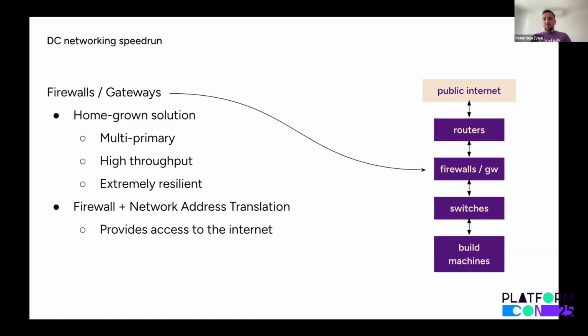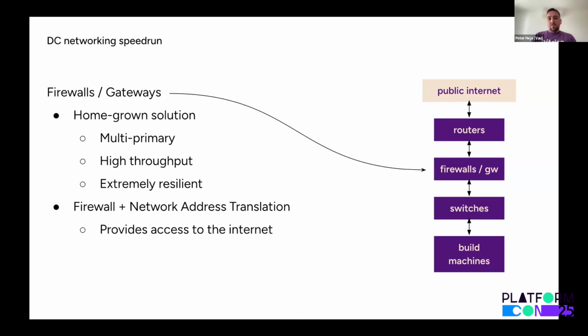This solution is based on Linux. It uses keepalived and what you would expect, but it has some extra magic in it, let's call it that. It is multi-primary, so if you have n nodes, then you have n active nodes, and you don't lose any throughput because of active-passive, which is good for handling peaks.